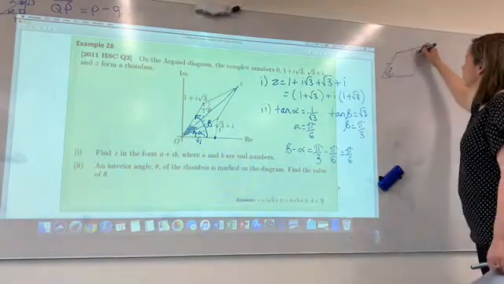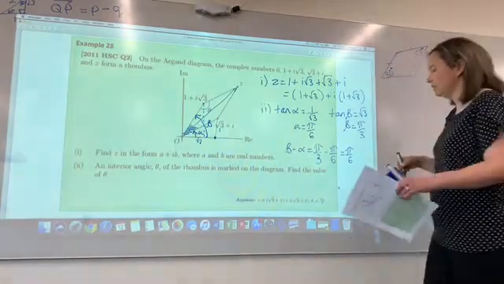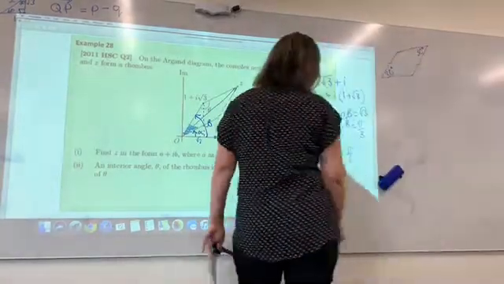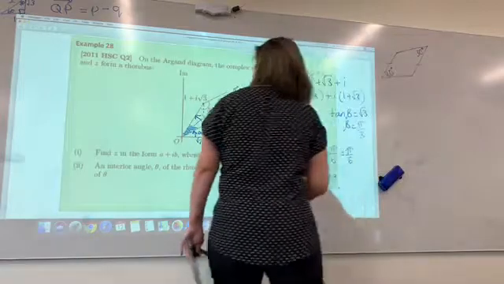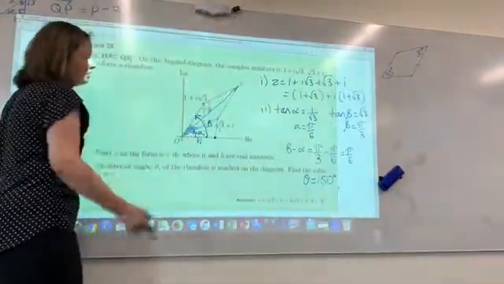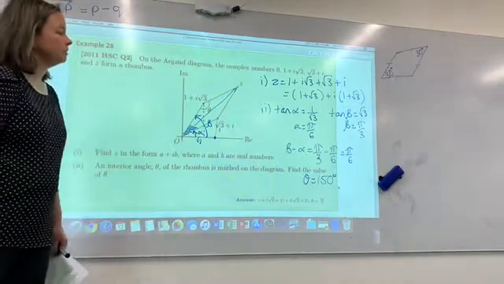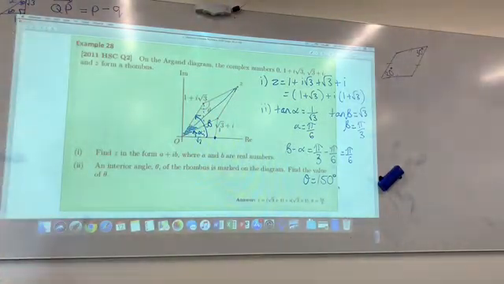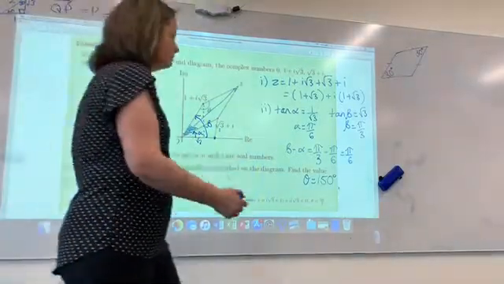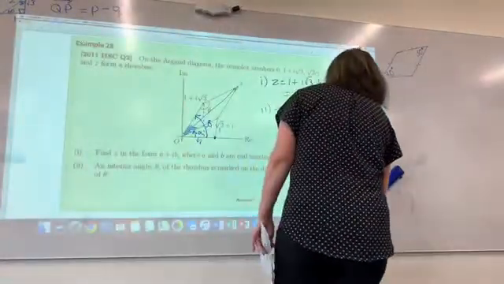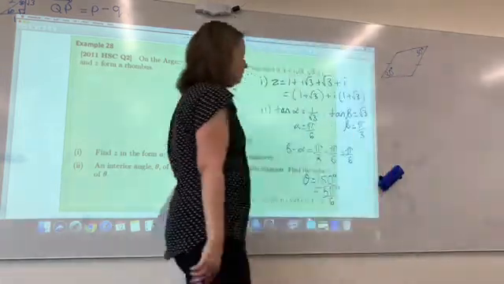Yeah, so this will be 30 and 30, and that would be 150 degrees, because with the rhombus you've got that parallelogram happening, and the angle sum of a quadrilateral is 360 also. Now they've written it as 5 pi on 6 in the answers, so it is 5 pi on 6.